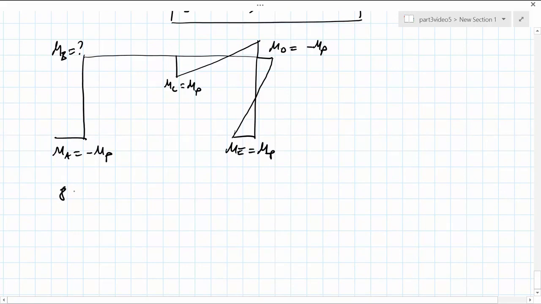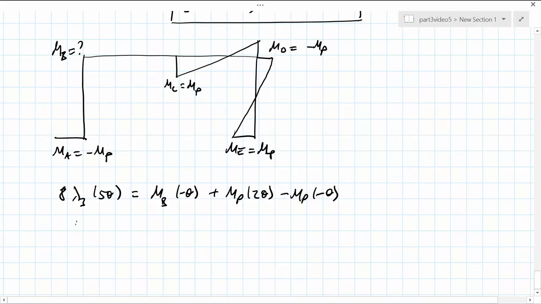So we can say that 8 times lambda 3 times 5 theta is equal to MB times minus theta plus MP times 2 theta minus MP times minus theta, or 8 times 1.731 times 5 theta is equal to MB times minus theta plus 30 times 2 theta minus 30 times theta.